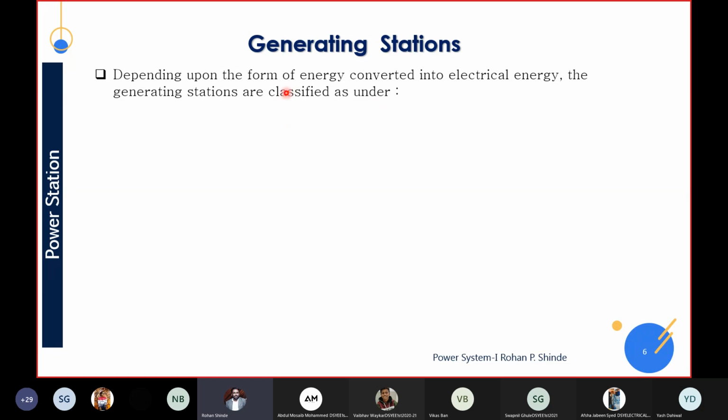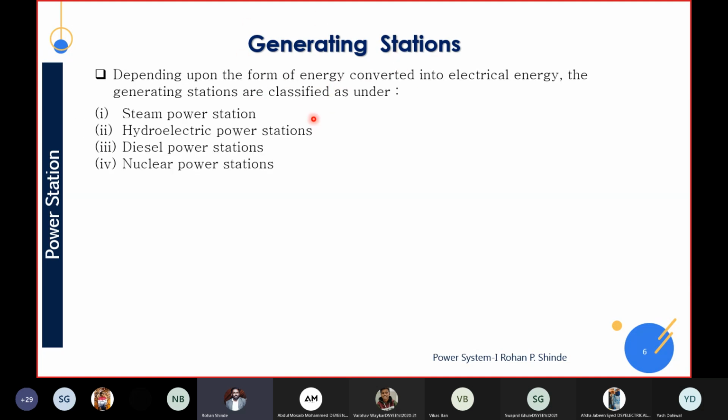If the input of the turbine is heat energy, that means heat energy gets converted into electrical. According to that, these generating stations are classified as: first is the steam power station, second is the hydroelectric power station, third one is the diesel power plant, and last is the nuclear power plant.